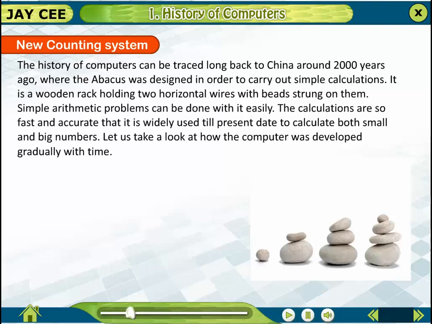Simple arithmetic problems can be done with it easily. The calculations are so fast and accurate that it is widely used till present date to calculate both small and big numbers. Let us take a look at how the computer was developed gradually with time.